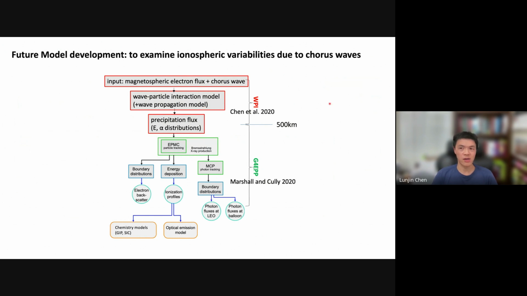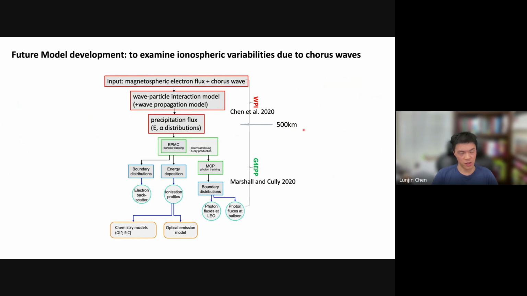So if your electron reaches 100 kilometers and is going downward, this electron will go through a series of collisional processes before its energy is given away. For instance, an energetic electron can collide with a neutral particle and deposit energy at altitudes below 500 kilometers.